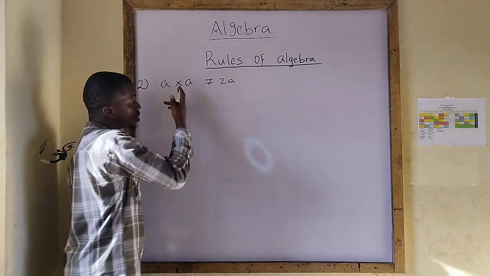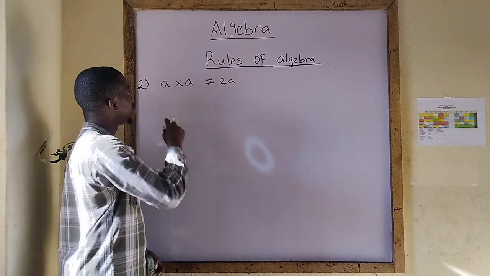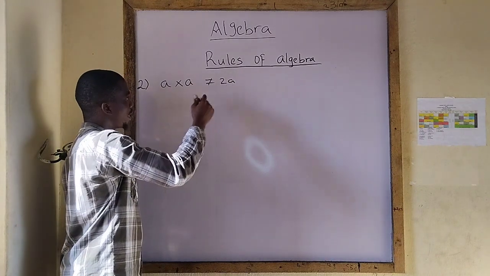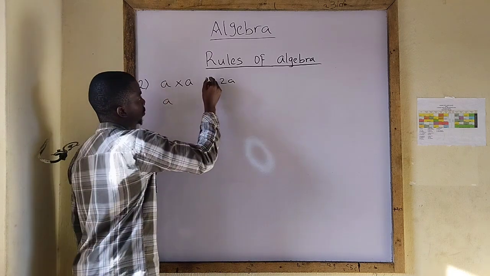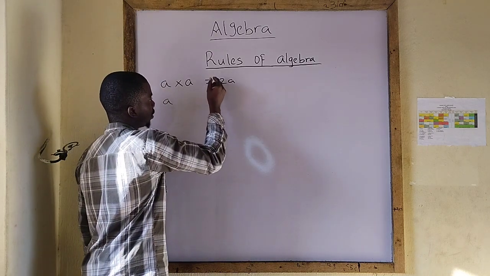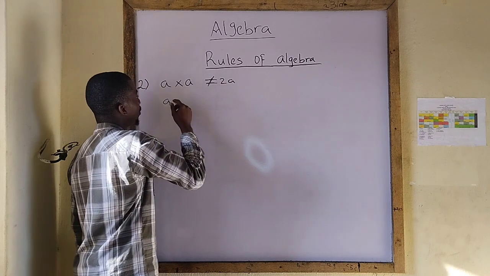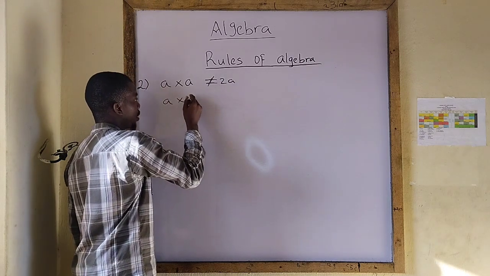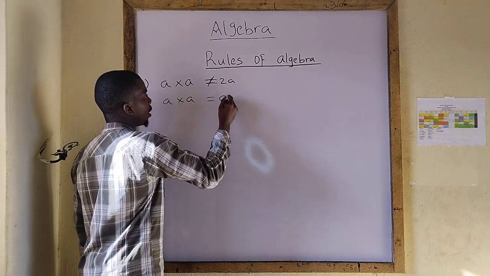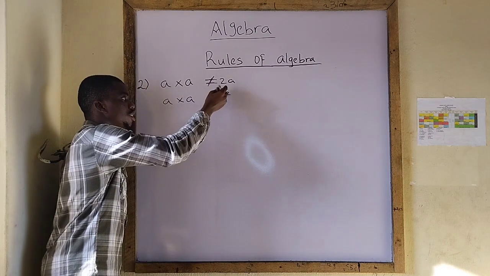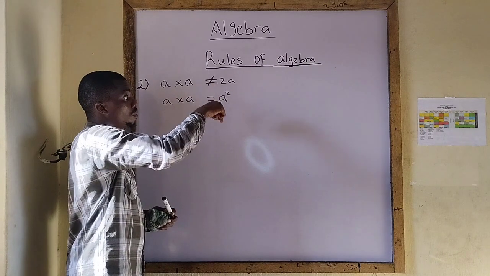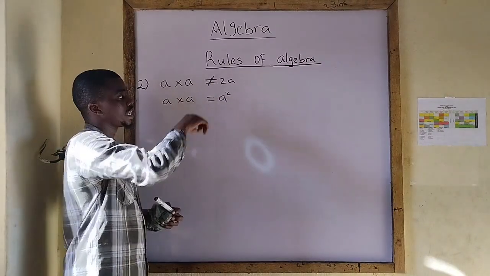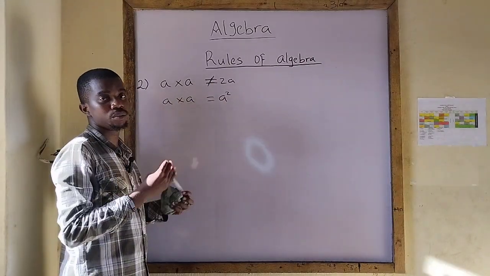Students make this mistake. a times a is not 2a. Rather, a times a is a square. Whenever you see a square on a number or an alphabet, you know that expression is associated with multiplication.